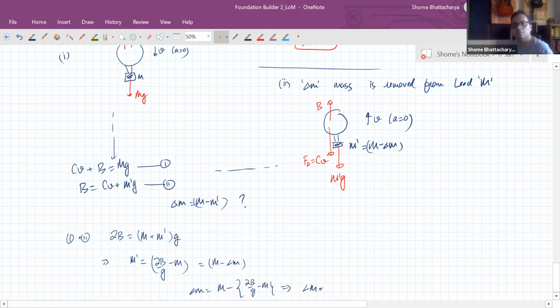The mass that you removed, delta M, should become 2M minus 2B by G. This is the mass removed. So this should be the answer.